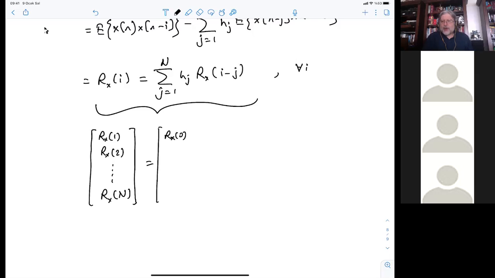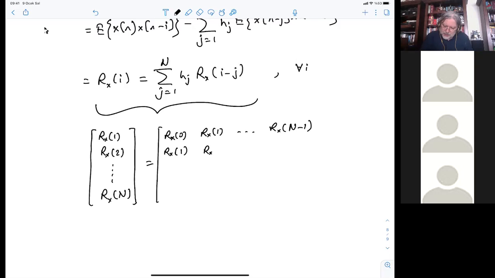When i is 1 more than j, then it becomes Rx of 1, and it goes all the way up to Rx of capital N minus 1, not up to capital N. And here it is Rx of minus 1, but Rx of minus 1 is equal to Rx of 1.